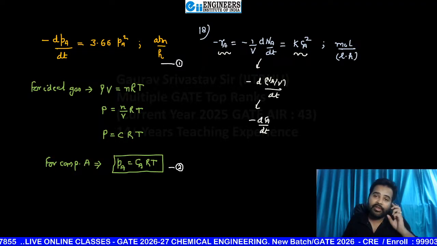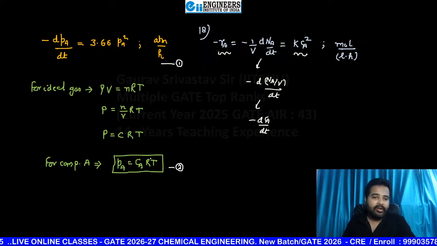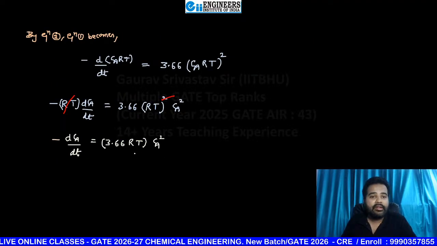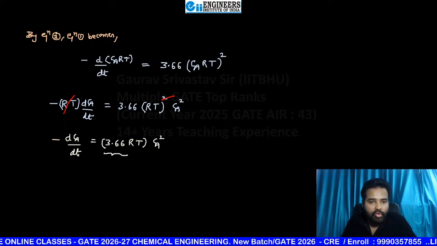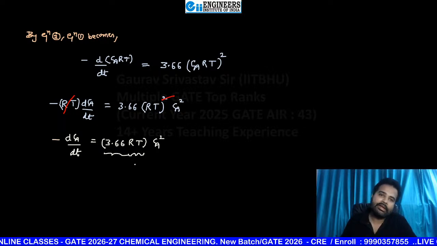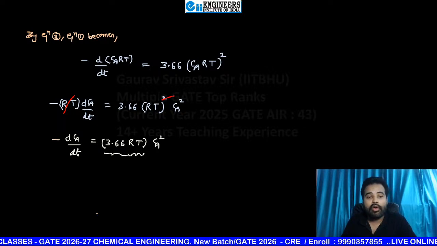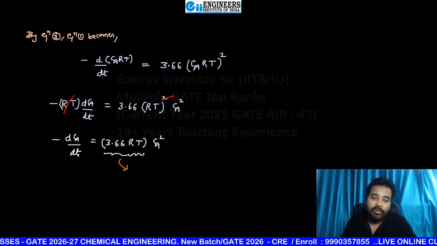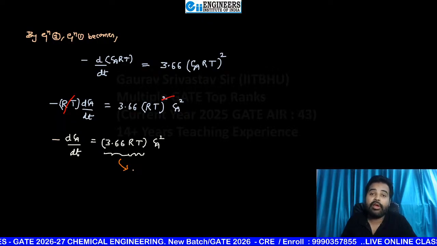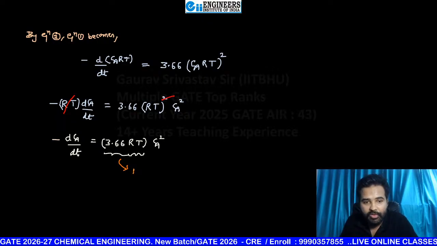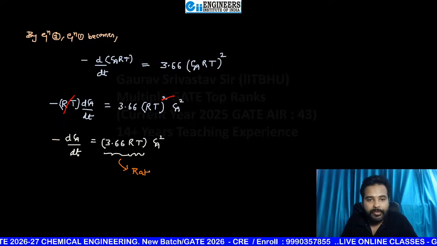That means the left hand side conversion is done, the right hand side is also done, and here we are getting this whole term in place of the reaction rate constant. So definitely this will give you the value of the new reaction rate constant. This is the rate constant.